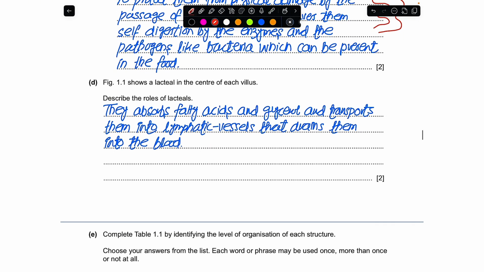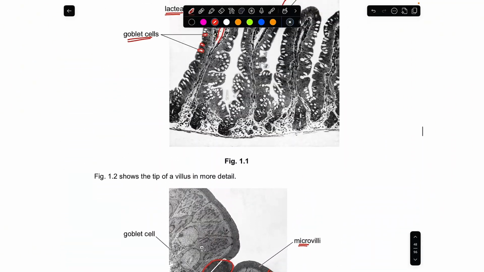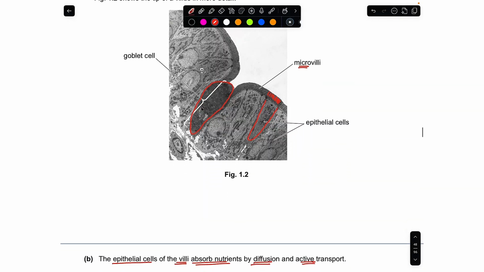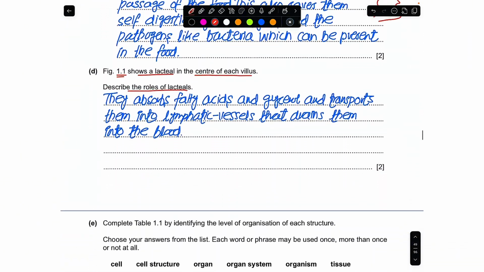Now, for the D part, they say that figure 1.1 shows a lacteal at the center of each villus, and they want us to describe the role of the lacteals. If I go back to figure 1.1, at the center we have this lacteal, and its role is very simple. We know very well that this lacteal is a specialized lymphatic vessel.